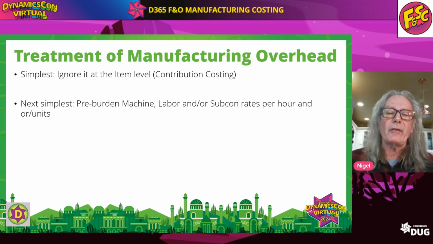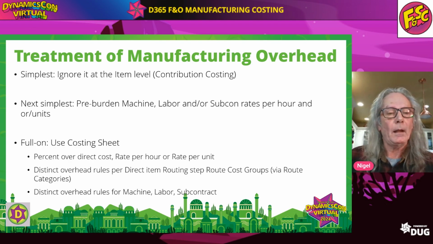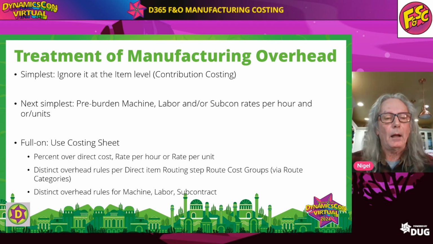In Dynamics 365, there is a separate subcontract cost source. So you've got machine, labor, material, subcontract, overheads, which I think is a rather nice addition that Microsoft provided. And they could be rates per hour, and they could also be rates per unit. And then the full-on costing sheet, where you can do all the things I've listed here.